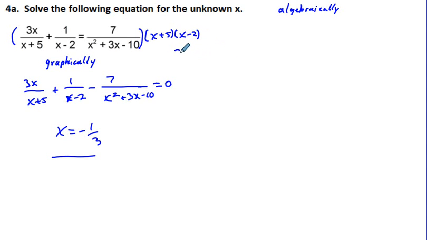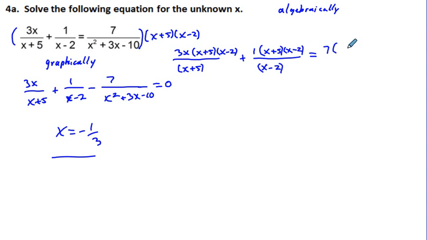3x over x plus 5 times quantity x plus 5, x minus 2, and then we have plus 1 times quantity x plus 5, x minus 2, and that's going to be over x minus 2, and then we're going to have equals 7, and we multiply this by quantity x plus 5, x times quantity x minus 2, and that's going to be over x squared plus 3x minus 10.